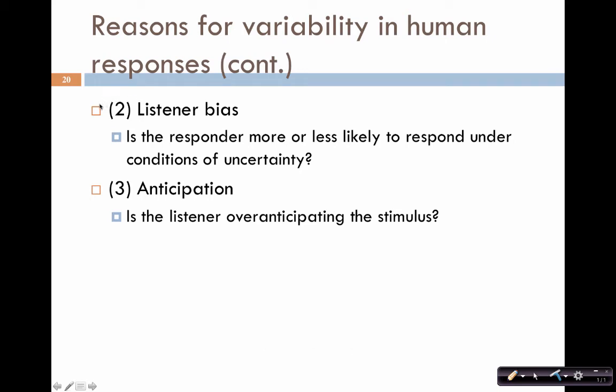Second aspect in variability is listener bias. Listener bias has to do with whether the person is more or less likely to respond in this test condition. Anticipation. Does the person have this sort of psychological anticipatory response?